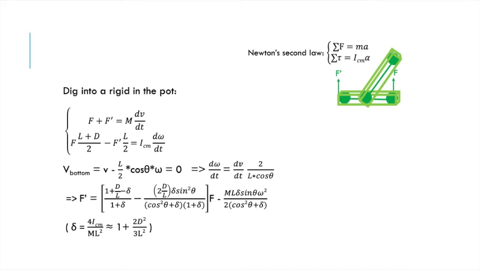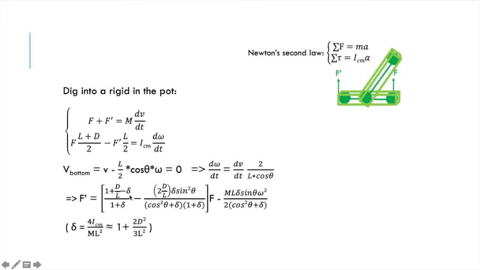For the velocity of the left side of the ball, since it keeps contacting the floor, its vertical velocity is 0, and is also equal to V minus R omega. From the equations above, we get the relation between F and F1.